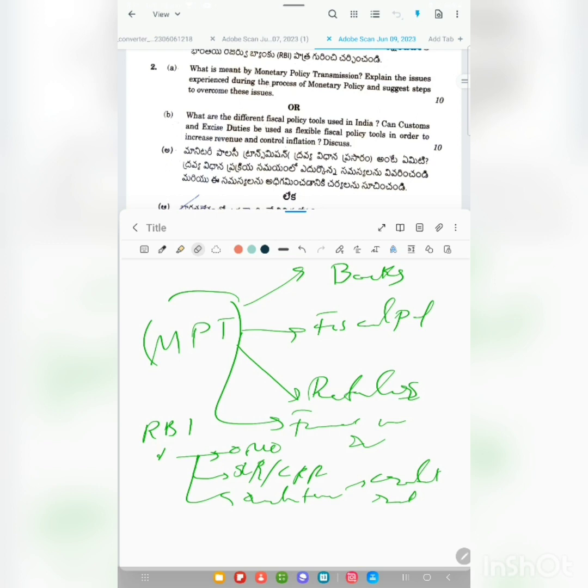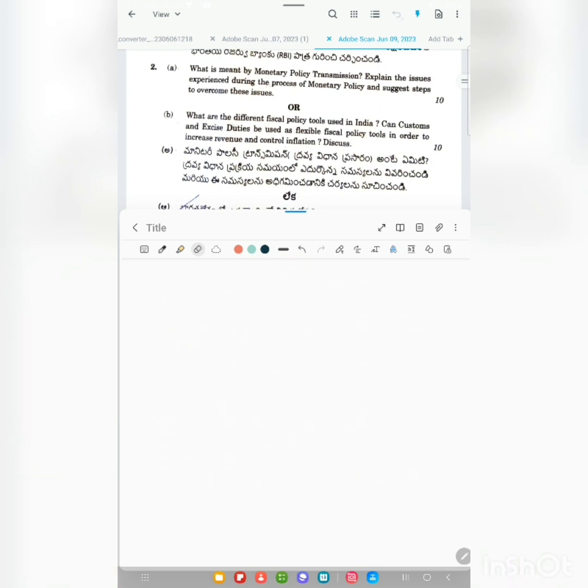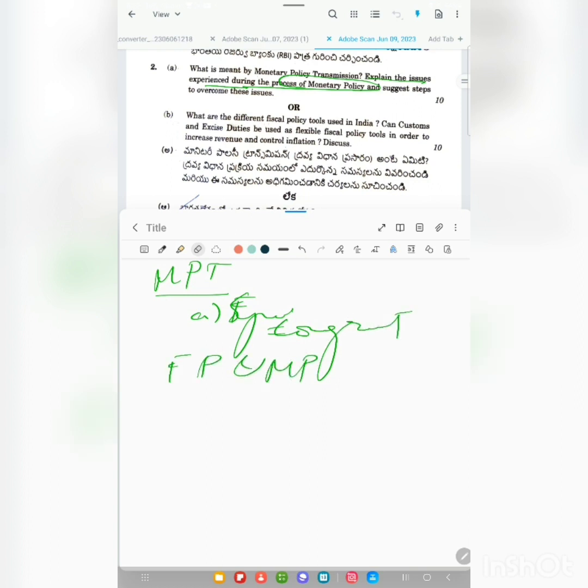But however, what are the issues that are going to arise due to this monetary policy? Main issues that are experienced during the process of monetary policy. See, the basic issue is that synchronization or congruency between fiscal policy and monetary policy is key.